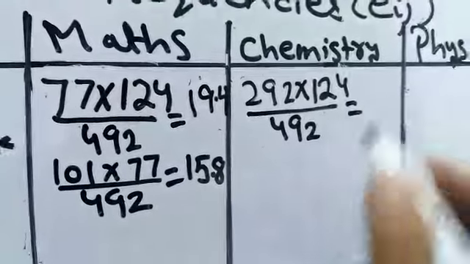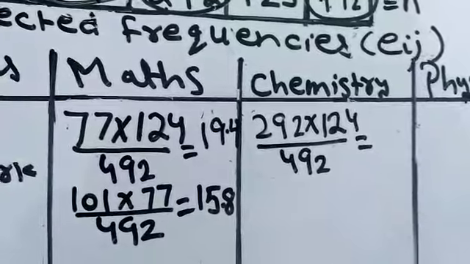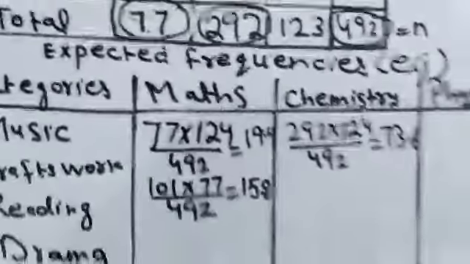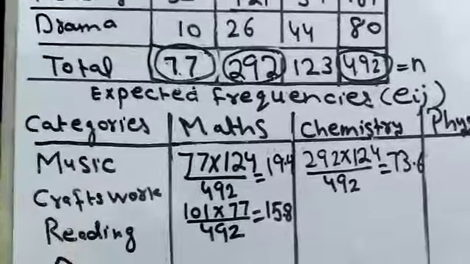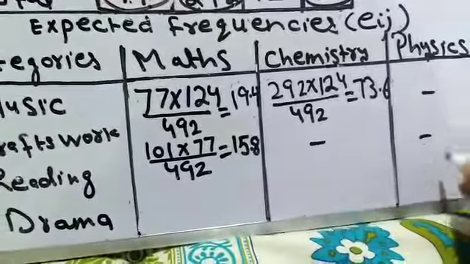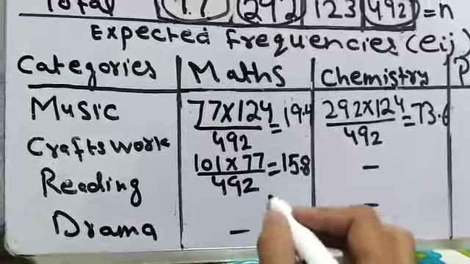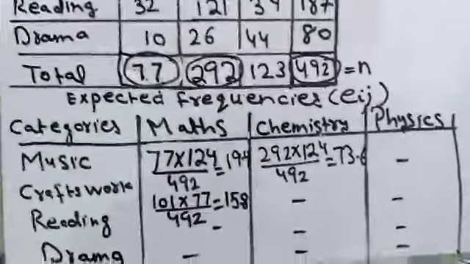It is equivalent to 73.6. In the same way, we calculate expected frequency for each category. Now you are able to calculate expected frequency for each category.